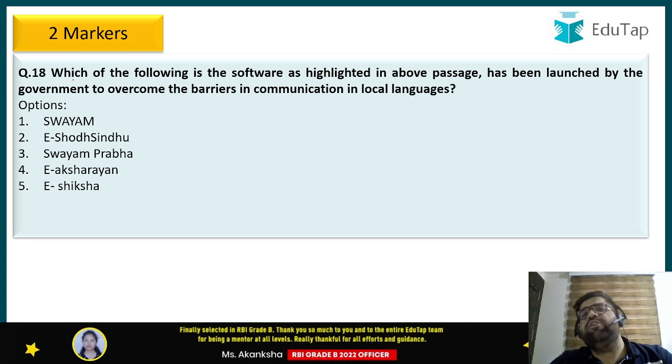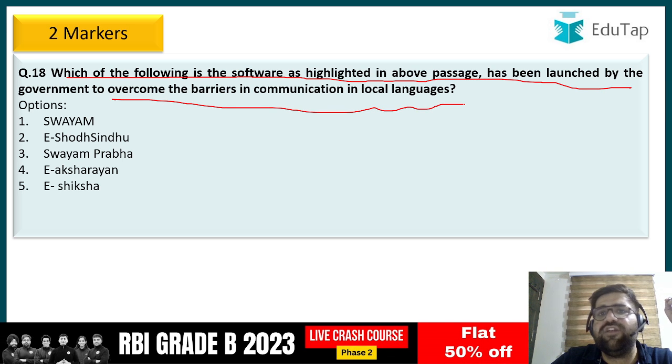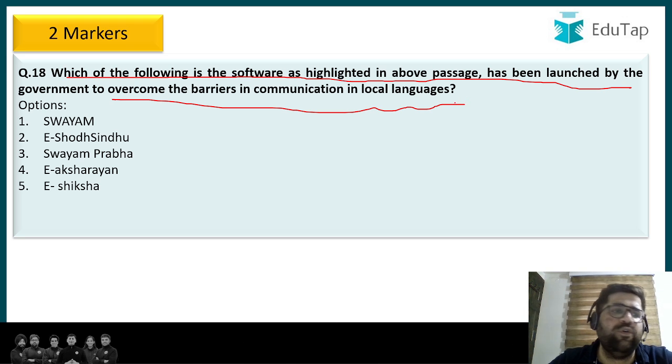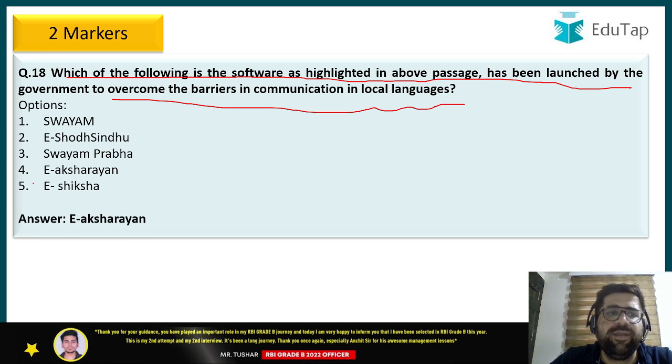Now, this question is based on current affairs. As you all know, in finance you will definitely get some current affairs. Which of the following is the software highlighted above, launched by the government to overcome the barriers of communication in local languages? If you know the name of the barrier, then you can attempt this question. If you don't know, then I would say respect the question and move ahead. The answer will be E Aksharyan.